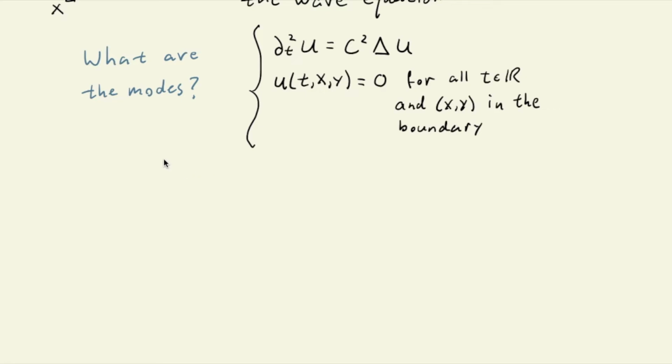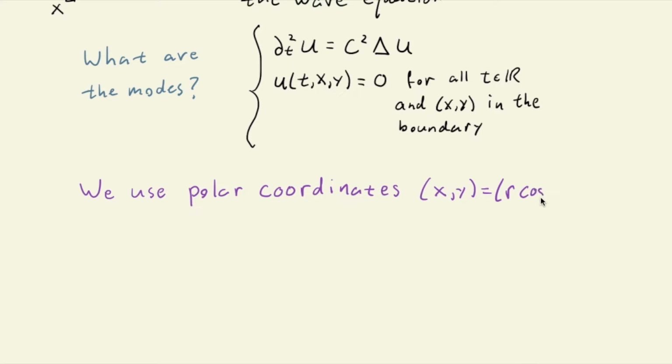So what we have to do in this problem is we have to use polar coordinates. So we write x, y as r cosine theta, r sine theta.